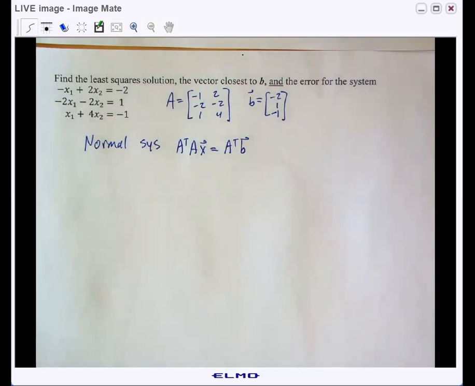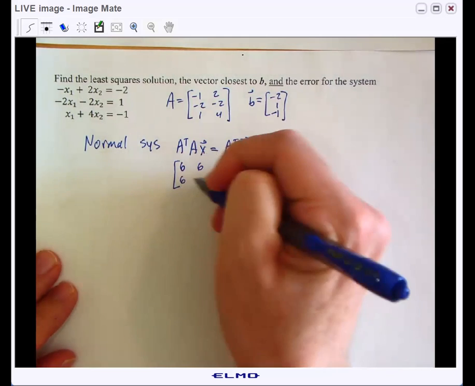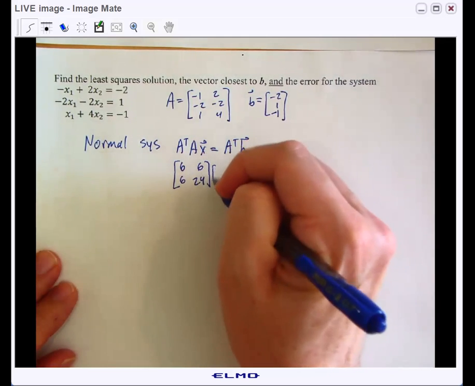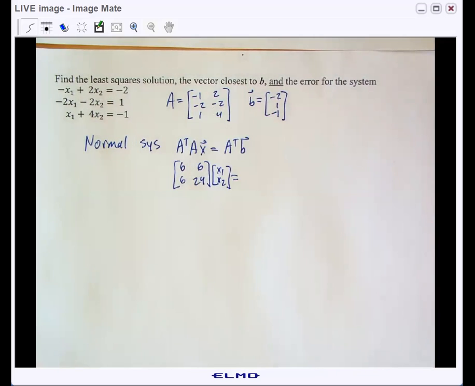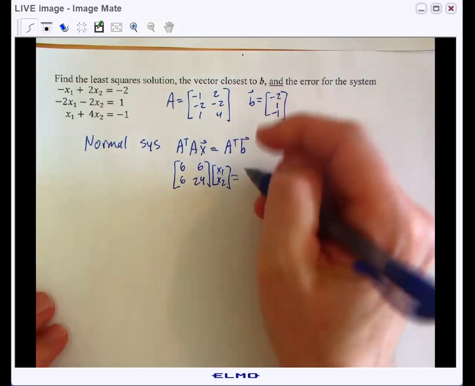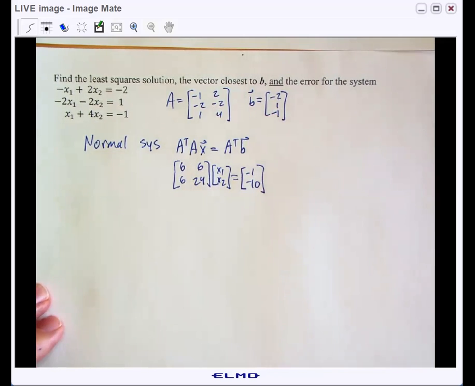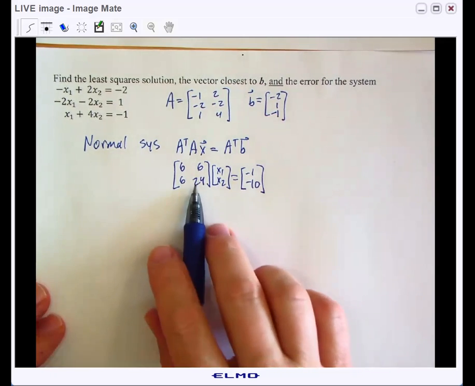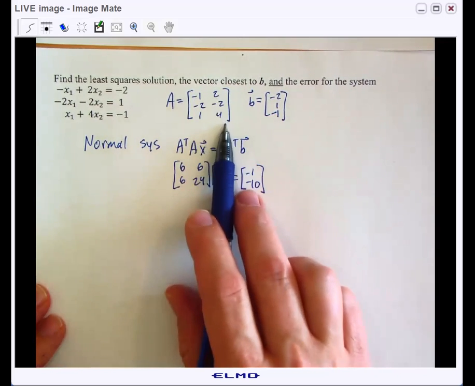And I'm going to run those on my calculator really fast. I get 6, 6, 6, 24 times x1, x2, because that's the X vector, equals A transpose B. I get negative 1, negative 10. And I have a couple of choices here. I can either RREF this, since the column vectors of my original A matrix are linearly independent.